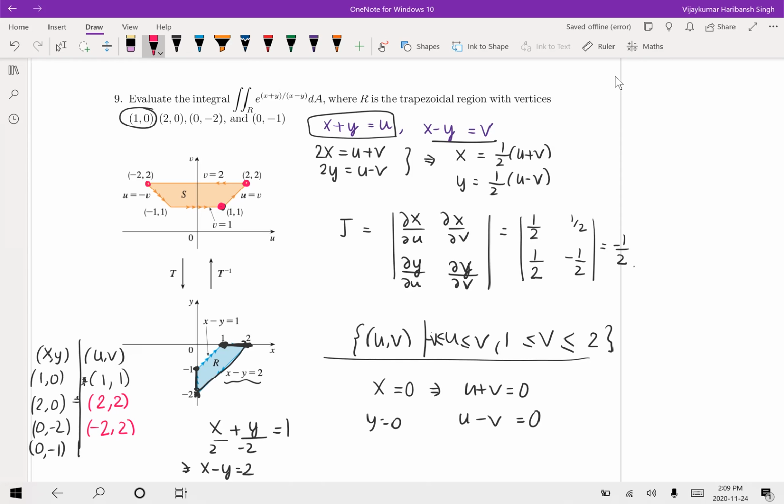So you go to this point here. Then 0, minus 1: when x is 0, you get u as minus 1 and v as 1. So this is your step 1, understanding the new geometry.